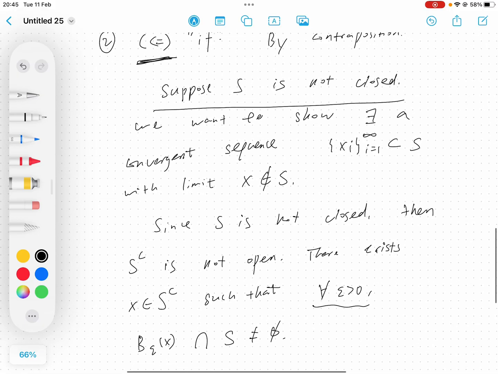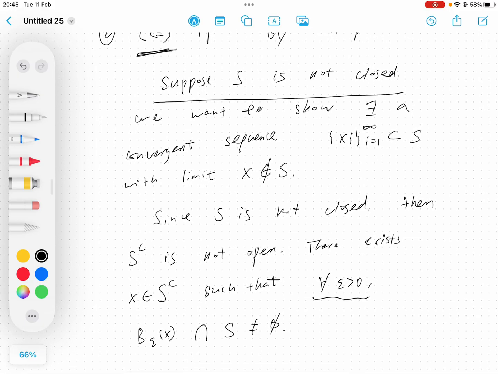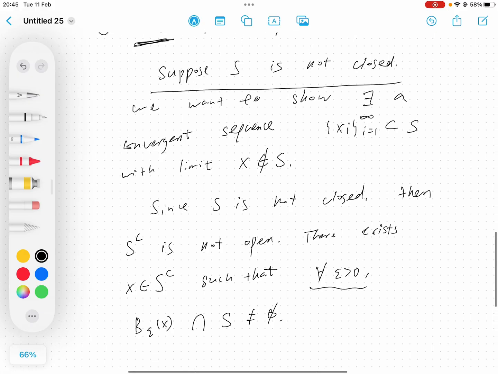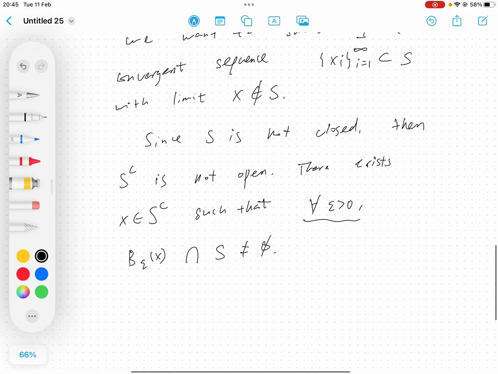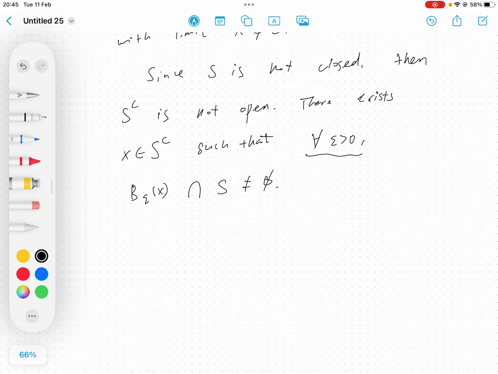Then we still need to finish this proof by showing there exists some convergent sequence inside of S, but the limit is not in S. How do we do that? We simply construct that sequence by ourselves.